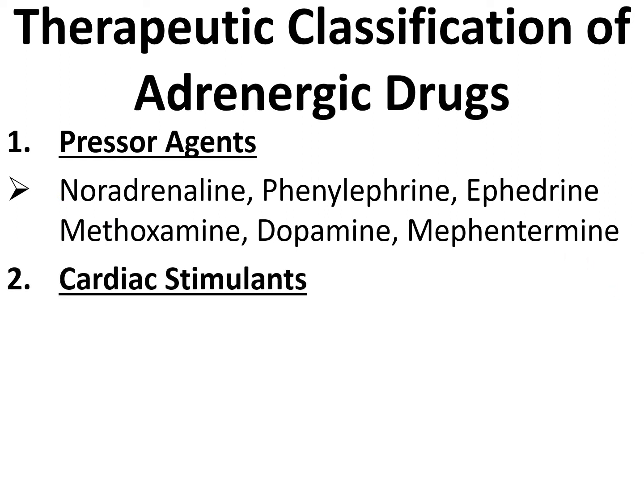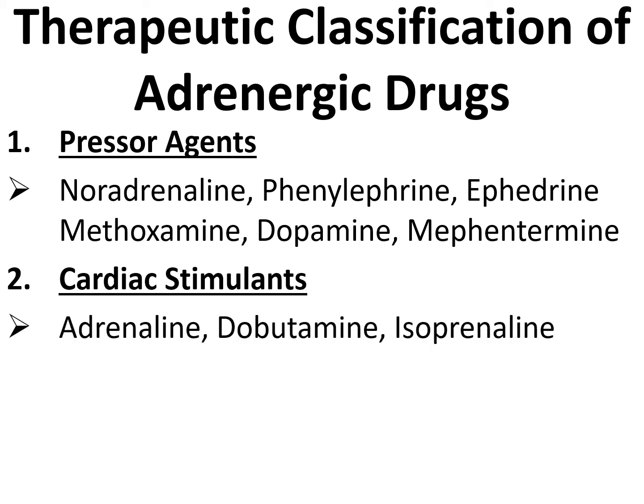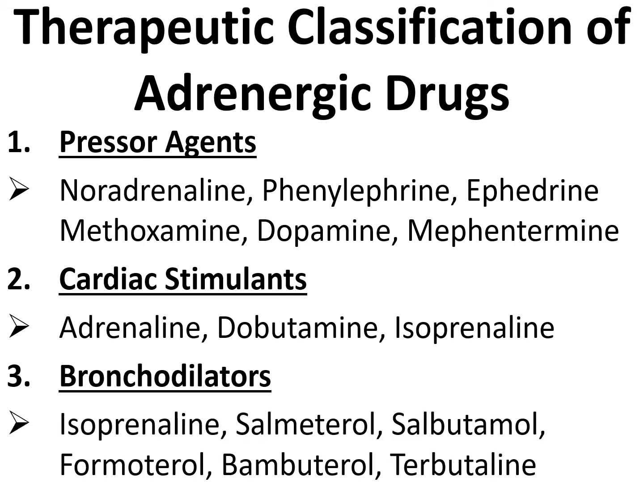Cardiac stimulants, mainly beta 1 agonists. So adrenaline, dobutamine, isoprenaline, all these three drugs have beta 1 agonist action. Bronchodilators, which receptors? Yes, beta 2 receptors. Isoprenaline, salmeterol, salbutamol, formoterol, bambuterol, terbutaline. So this is all classification based on the therapeutic indication.